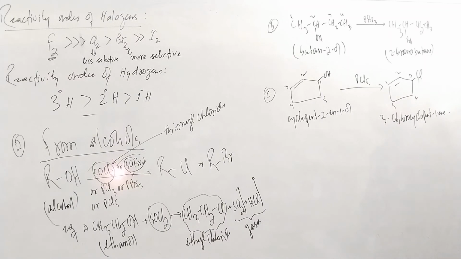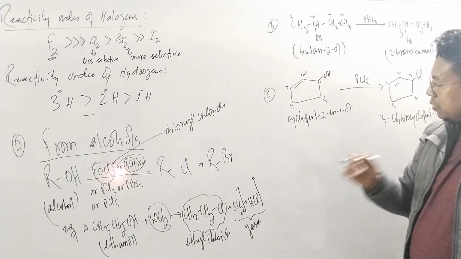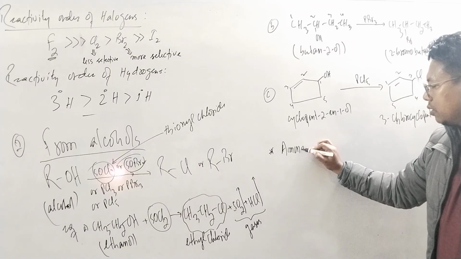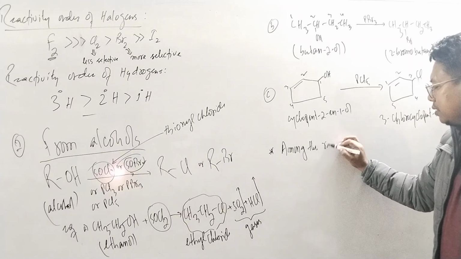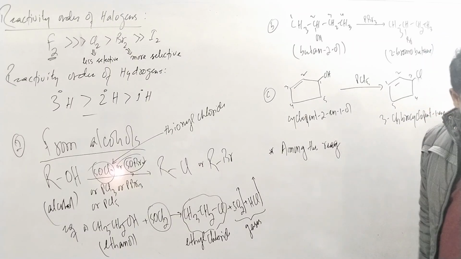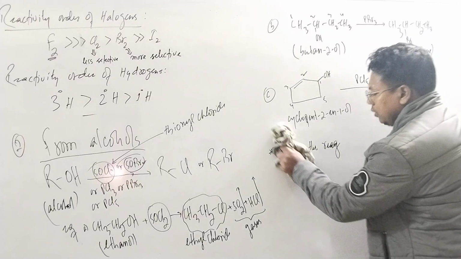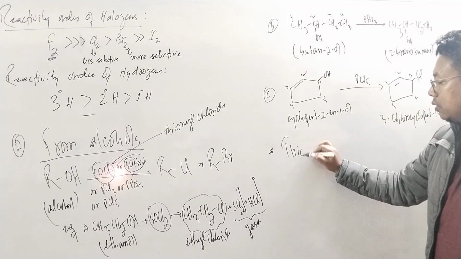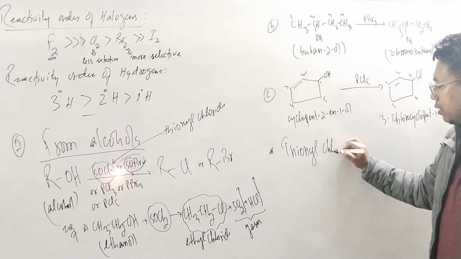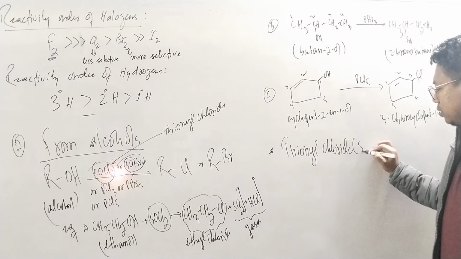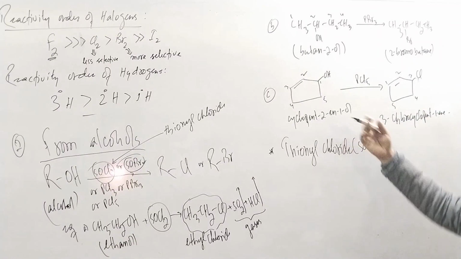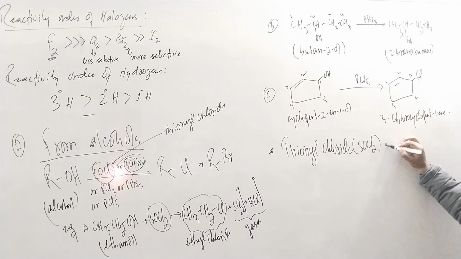In this way we can prepare haloalkanes from alcohols. So let me write the point here. Among the reagents, just write in short form, SOCl2, thionyl chloride, or it can be bromide also.